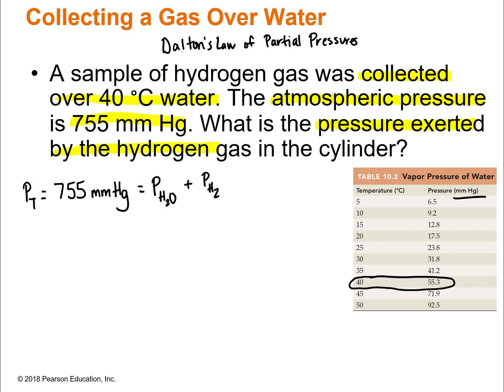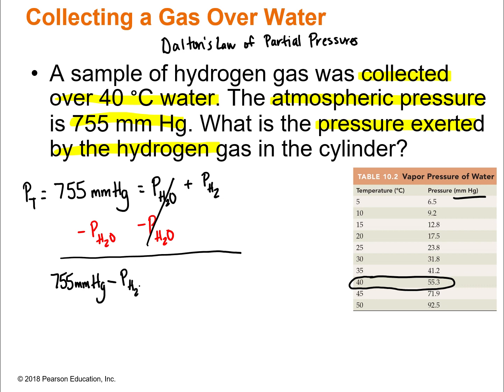So we can go ahead and solve for the partial pressure of hydrogen. We have to isolate that partial pressure on one side. And then we can substitute in what we know.